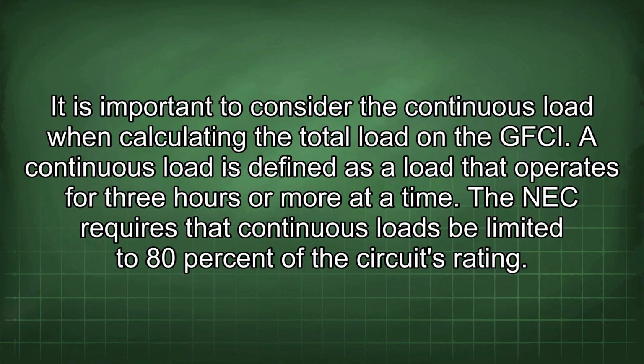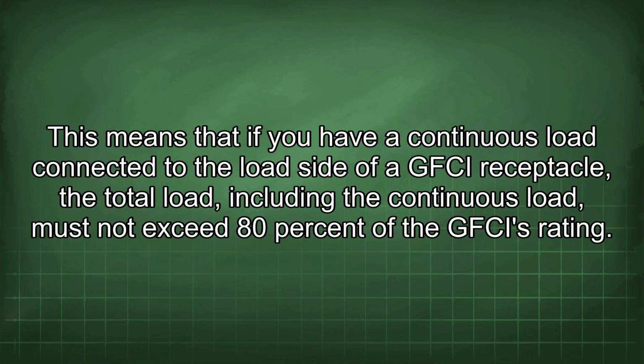It is important to consider the continuous load when calculating the total load on the GFCI. A continuous load is defined as a load that operates for 3 hours or more at a time. The NEC requires that continuous loads be limited to 80% of the circuit's rating. This means that if you have a continuous load connected to the load side of a GFCI receptacle, the total load, including the continuous load, must not exceed 80% of the GFCI's rating.